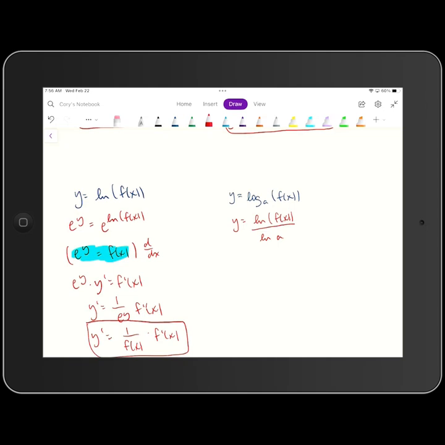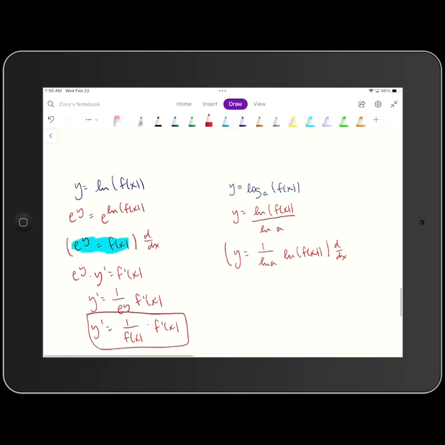Okay, so I then am going to rewrite this as 1 over the natural log of a times the natural log of f of x. And then we're going to differentiate both sides implicitly with respect to x. So the derivative of the left-hand side is just going to be y prime.